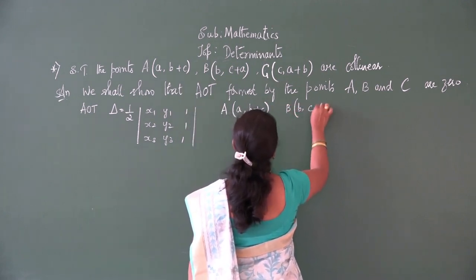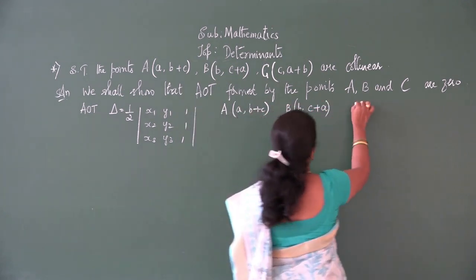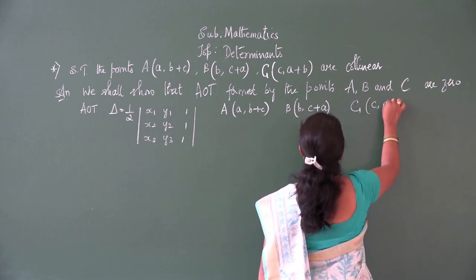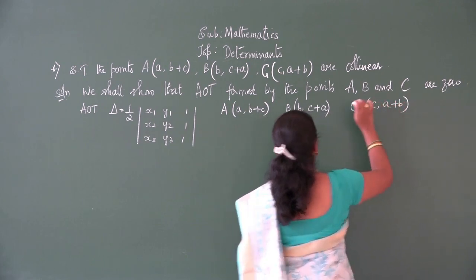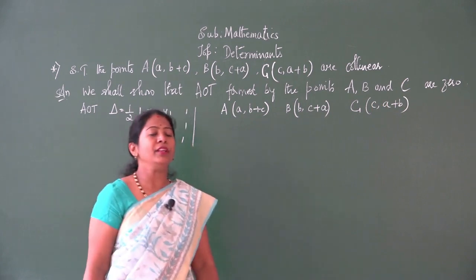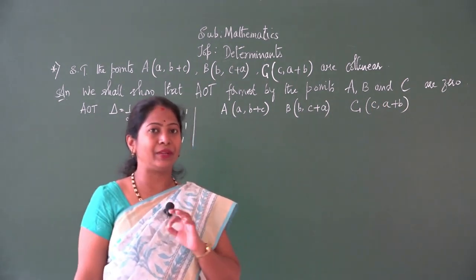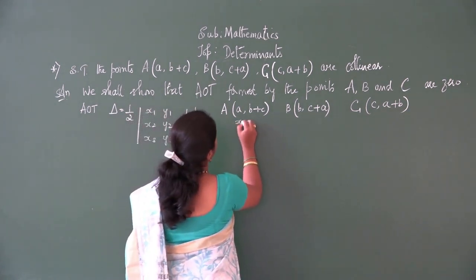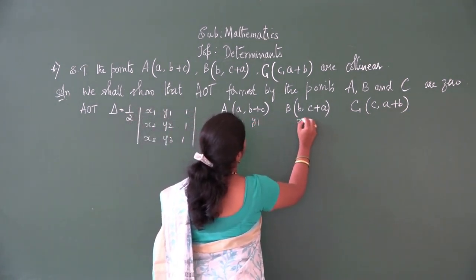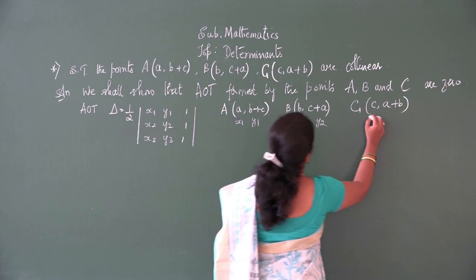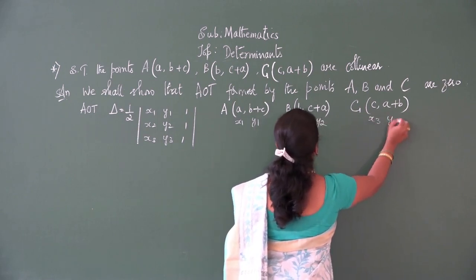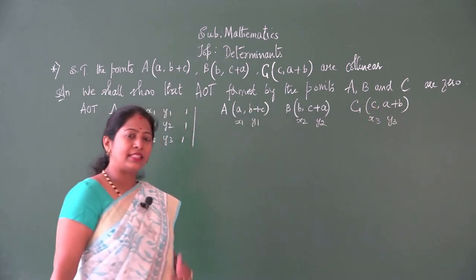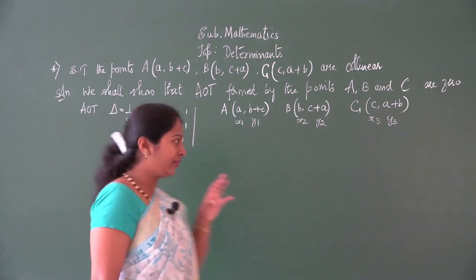B comma C plus A, and coordinates of C will be C comma A plus B. What is the first thing we do in the given problem? We shall mark the points as x1, y1, x2, y2, x3, y3. We shall substitute these values in the given determinant.